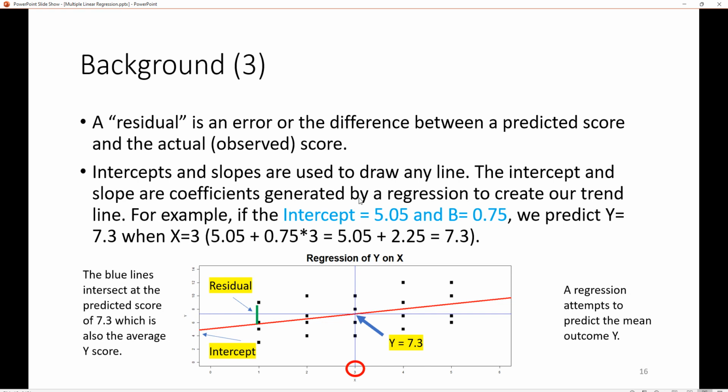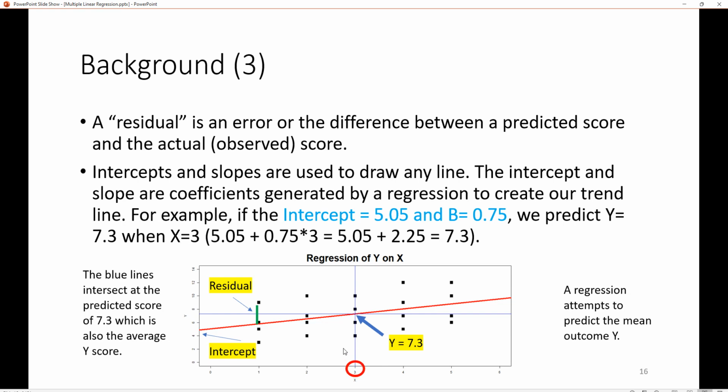So for example, if the intercept equals 5.05 and we have a beta coefficient for our predictor, that value that we're going to multiply by our actual predictor value, if we have these two values, we can predict that y equals 7.3 when x equals 3, and that's the value that's circled on the bottom.